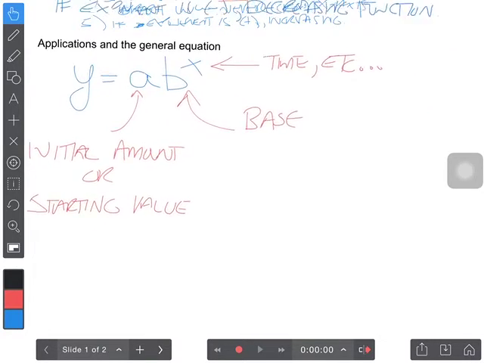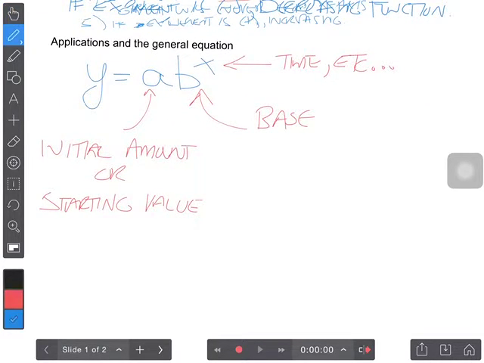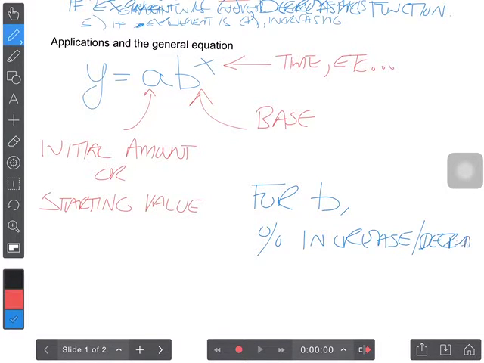And what I want you to be aware of as well, for our base, so for b, for our examples today, if we have a percent increase or decrease, you got to remember this is like taxes.